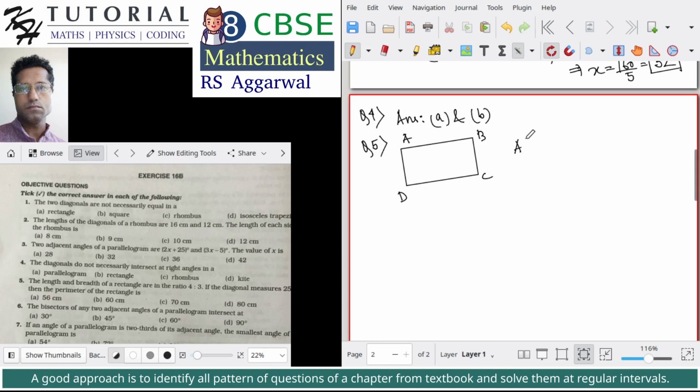So let length AB be equal to 4x centimeter and breadth BC be equal to 3x centimeter, based on the ratio AB is to BC equal to 4:3.